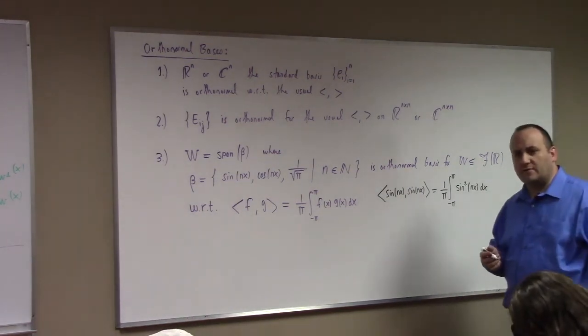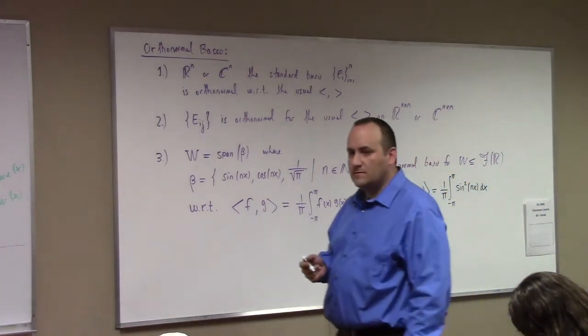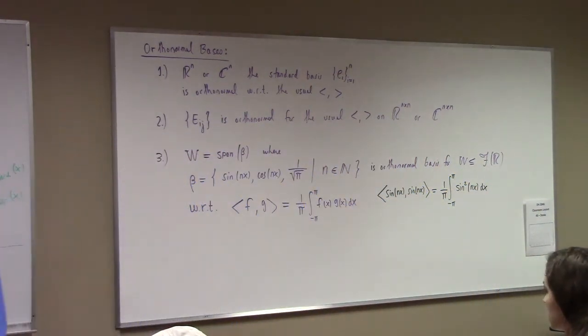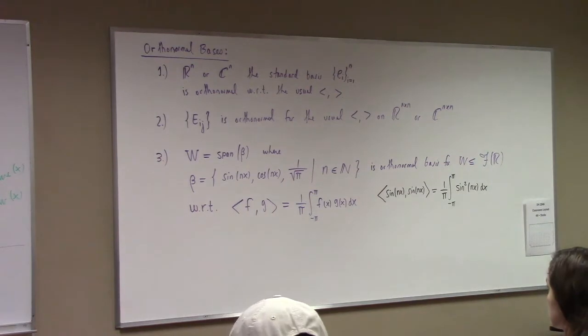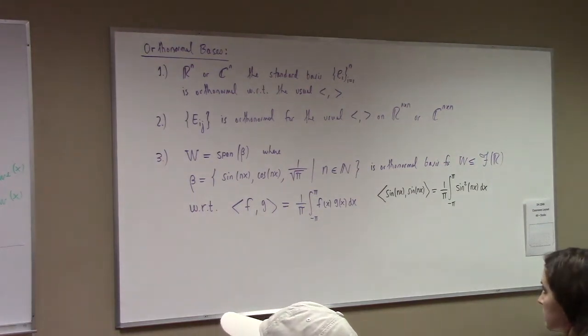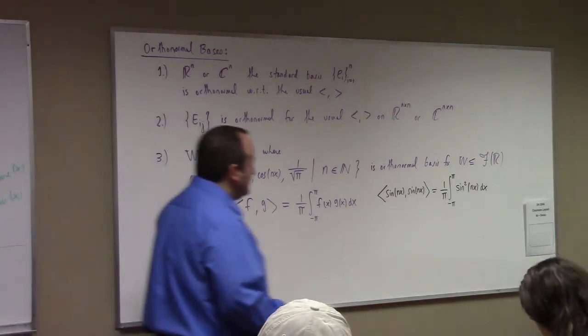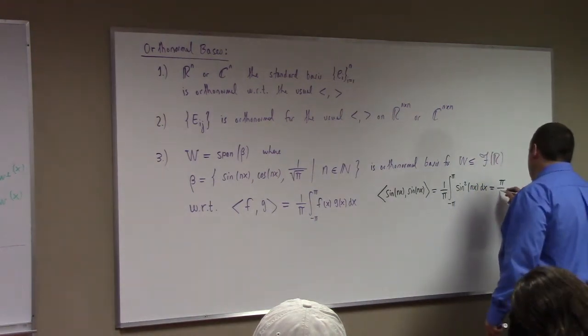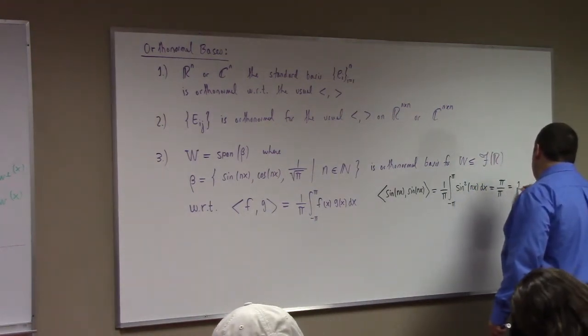What's the integral of sine squared over a full cycle? What's the integral of 1 over a full cycle? 2 pi, right? If you think about sine squared and cosine squared, they're symmetric about a whole cycle. So it stands to reason that the integral of sine squared about a whole cycle is just pi. So this integral is pi. Pi over pi, also known as 1.